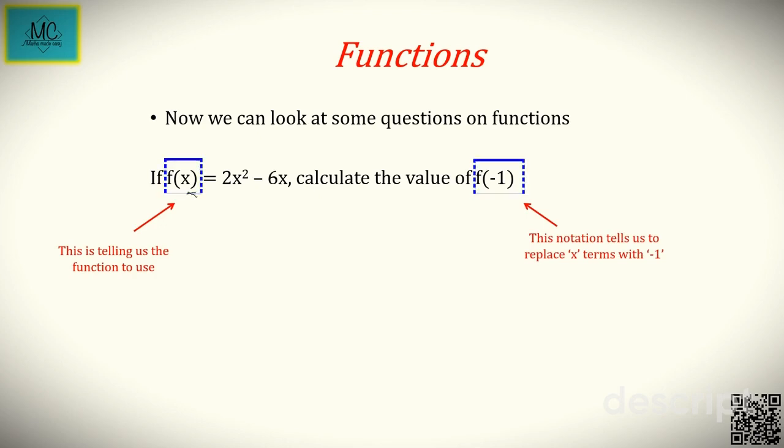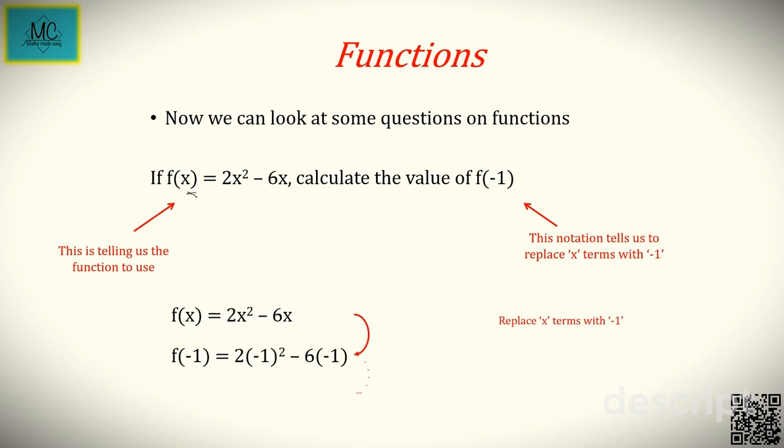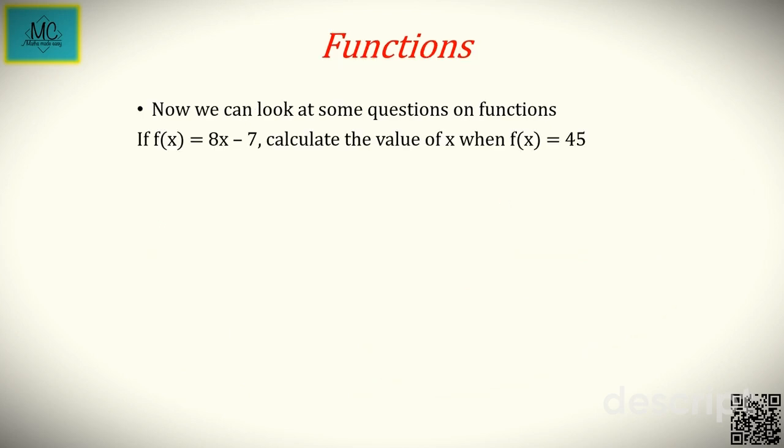So we rewrite our equation and substitute the x value with minus 1. When you put this entire calculation in your calculator, you will find the answer. But ensure you type it in correctly and include the brackets as well. Otherwise, you won't get the right answer. The answer after calculating is f of minus 1 is equal to 8. This is how we find our answer.